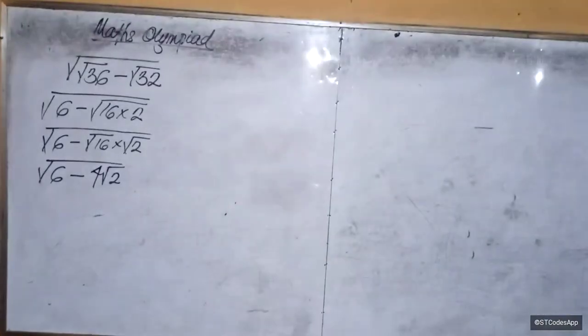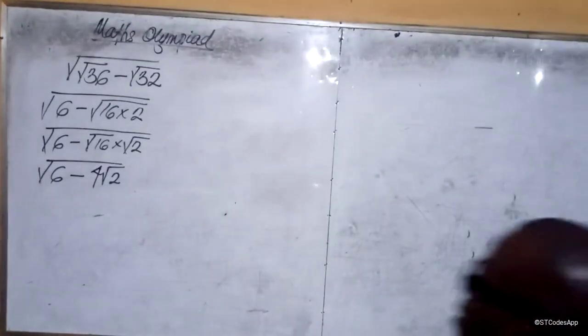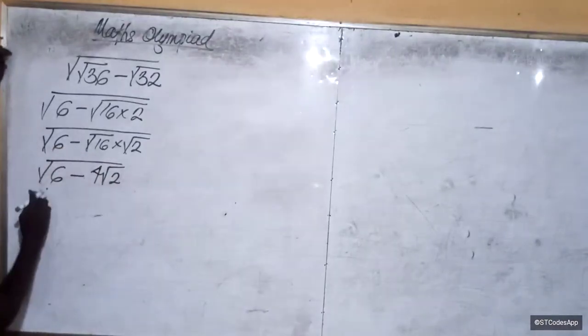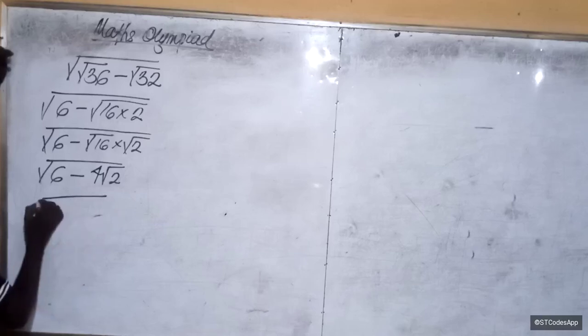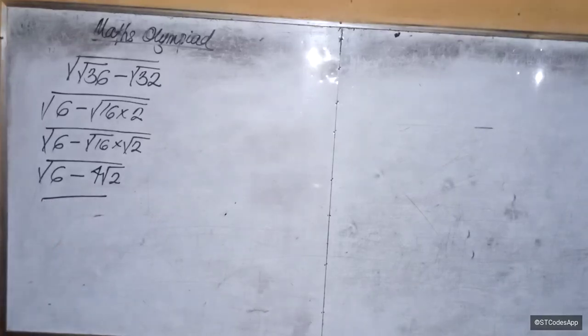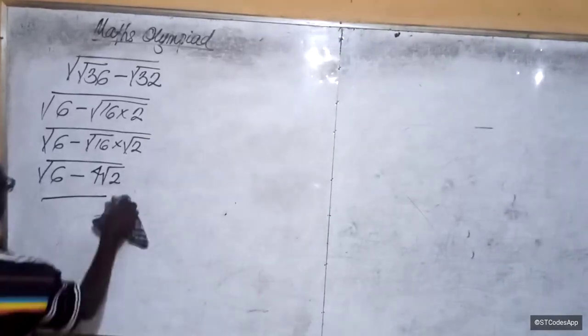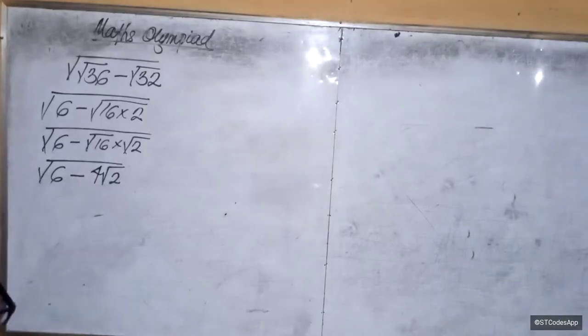From here, looking at it, it looks like we can't go further, but we can still do something. Let's do a little bit of manipulation here, and just stick with me, you're going to understand it.